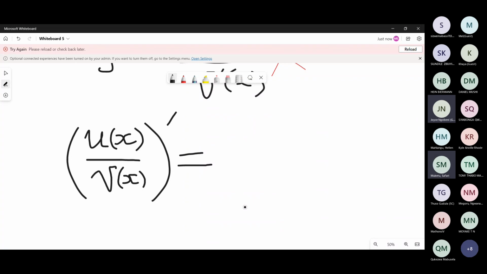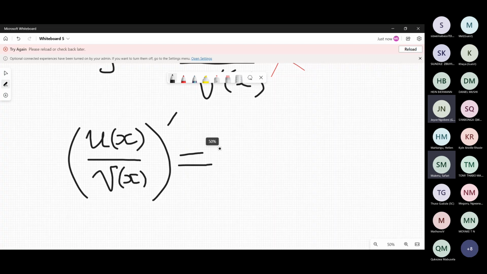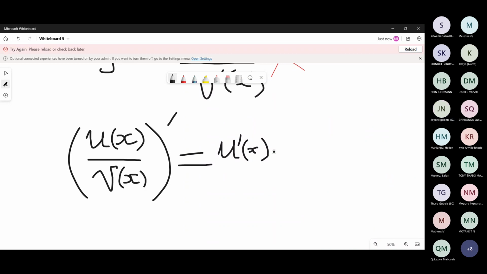Excellent. So here now, we can give the quotient rule. Sorry, not the power rule, the quotient rule. It is u prime of x times v of x, minus v prime of x times u of x.